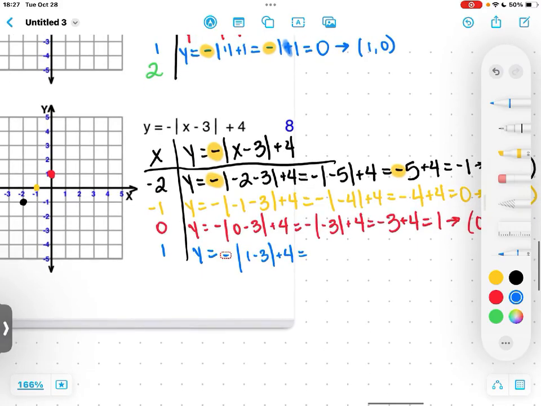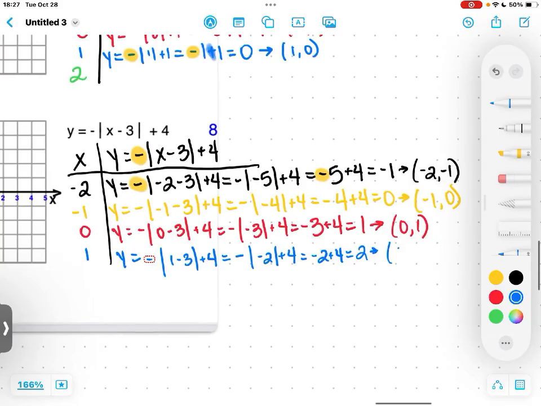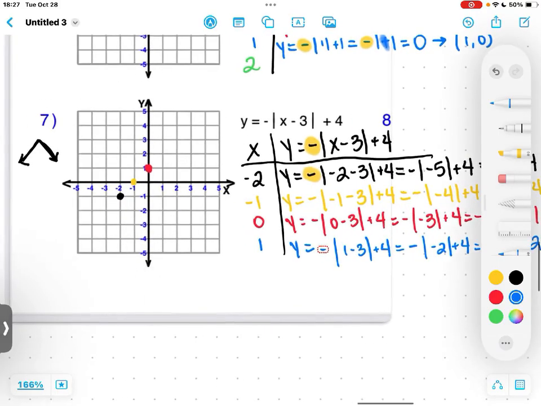Yeah, this one's going to go on for a little bit, but I'll show you what to do in case you don't have a vertex yet. Now, I don't know off the top of my head if this is going to show the vertex, but I will show you what to do if it doesn't. Creating that point 1, comma 2.